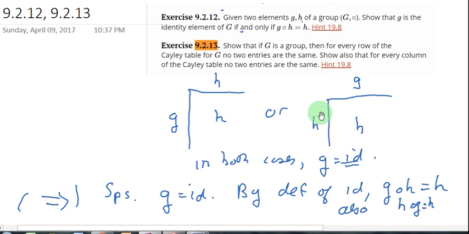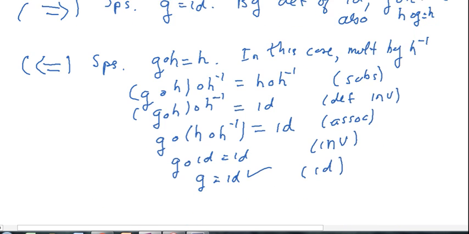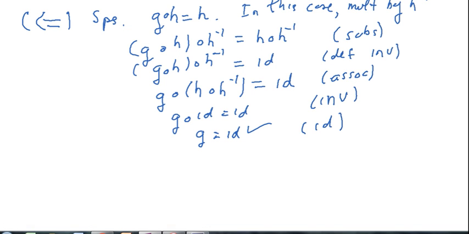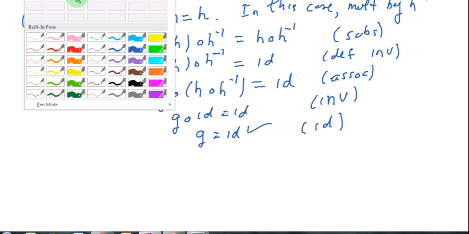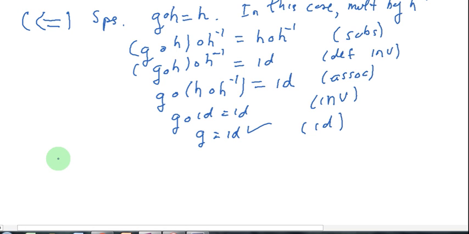Same thing with columns. Every column of the Cayley table must have all the different group elements. No two of them can be the same. They all must be different. Right? So that's what we're trying to prove, that all of the elements in the row or column of the Cayley table are different. Okay. So let me just state that in words. So this is 9 to 13.